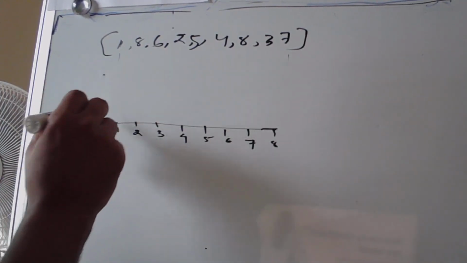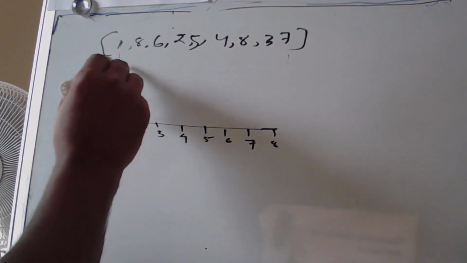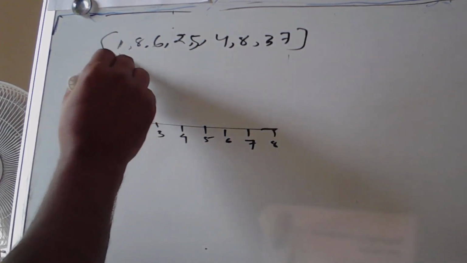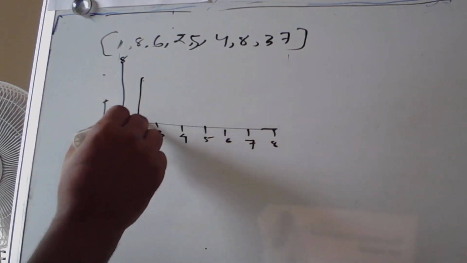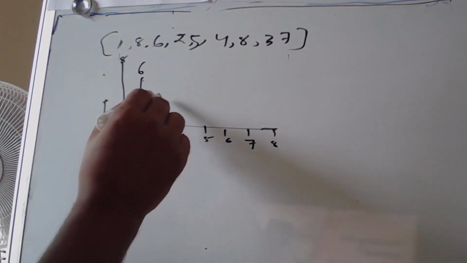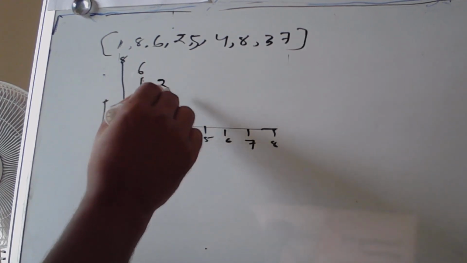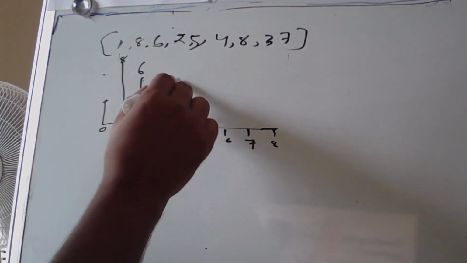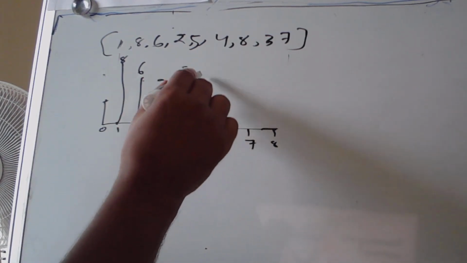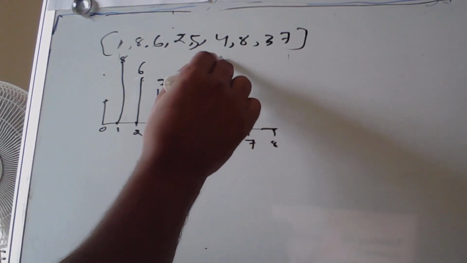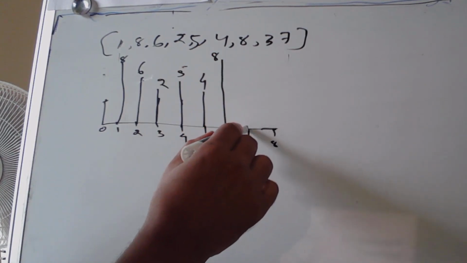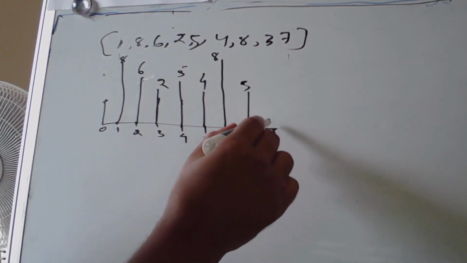So we're going to start with 1, then 8, then 6, then 2, then 5, then 4, then 8 again, then 3, and then 7.